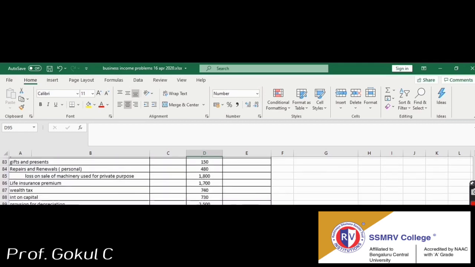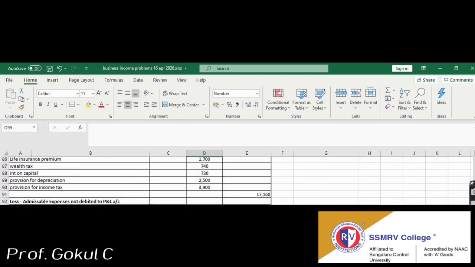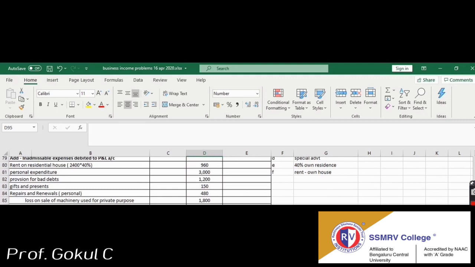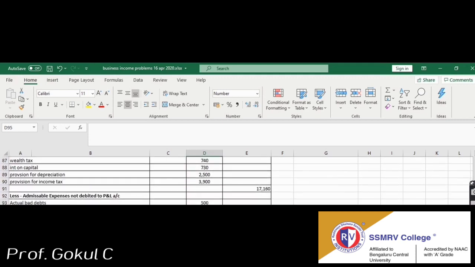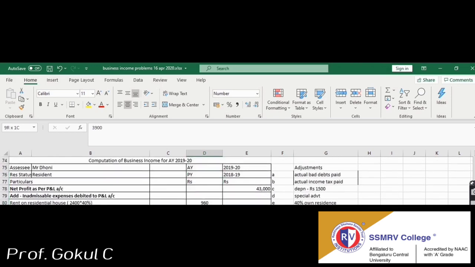Now all it requires is to add all the inadmissible expenditures. So total comes to 17,160.